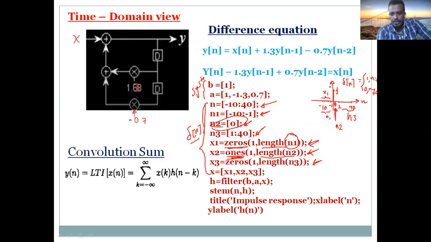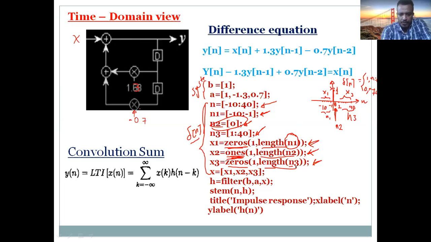So we call this x2 only at n equal to 0. Starting from 1 up to 40, we call it x3. Again, from 1 to 40, all sample values are 0 because it is a unit impulse. So x3 is also 0, over the range of n3.